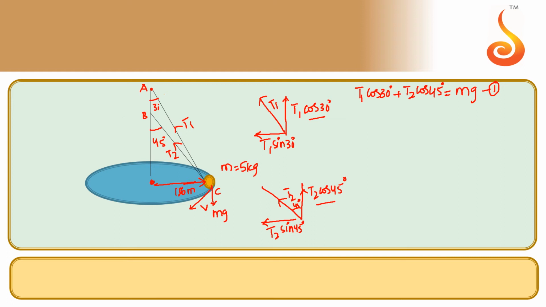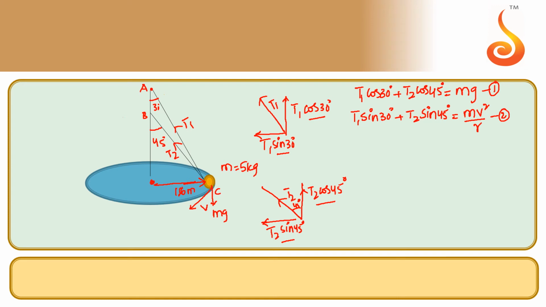And for the second one, T1 sin 30 and T2 sin 45 are acting towards the center, which will act as a centripetal force. So T1 sin 30 plus T2 sin 45 will act as a centripetal force, which is mv square by r. This is equation 2.